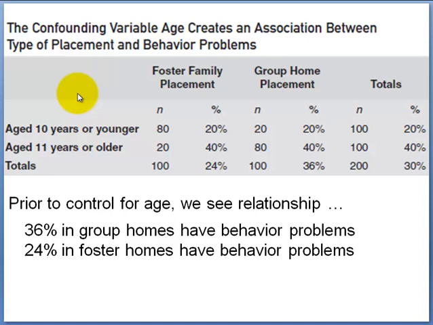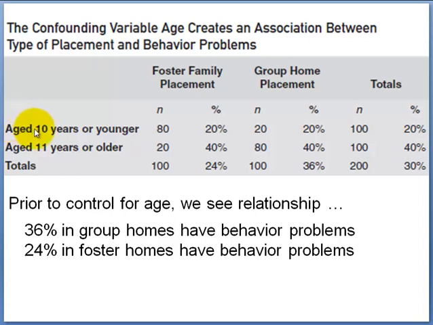If we can identify a confounding variable that's bringing about the association, then the relationship is not a causal one. One way to control for a confounding variable is using a table. We create subgroups within our confounding variable, and then we look to see within a subgroup whether we indeed have a relationship.